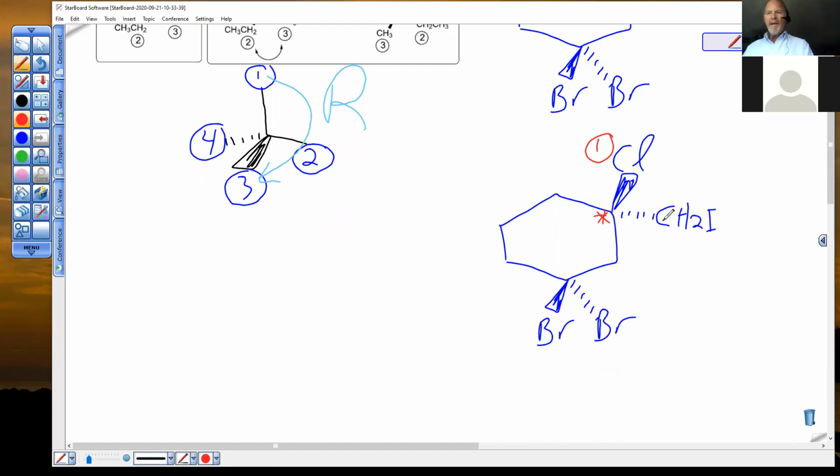Which of those 3 carbons has the heaviest atom attached? Weighing in at 127 grams per mole, an iodine is much heavier than a carbon. Notice this carbon here is the same distance from the stereocenter as this iodine, and this carbon here is the same distance from the stereocenter as the iodine. So the carbon with iodine is going to be 2.